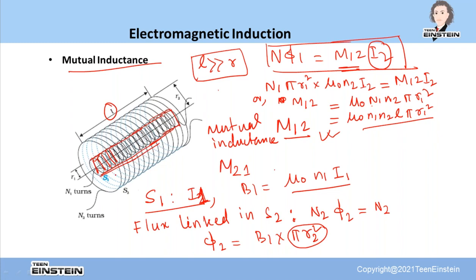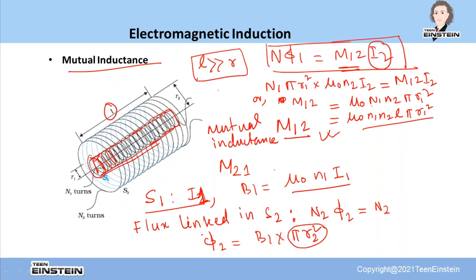The area of the S2 solenoid that is exposed is only this much, the area equivalent to solenoid 1, which is linked with the magnetic field created by the S1 solenoid.